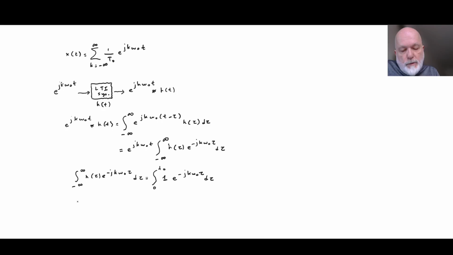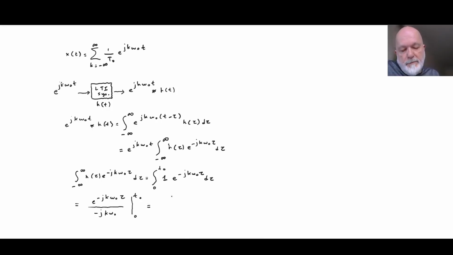Okay, let us continue here. This integral is simply e to minus jk omega 0 tau divided by minus jk omega 0 evaluated at 0 and t0.